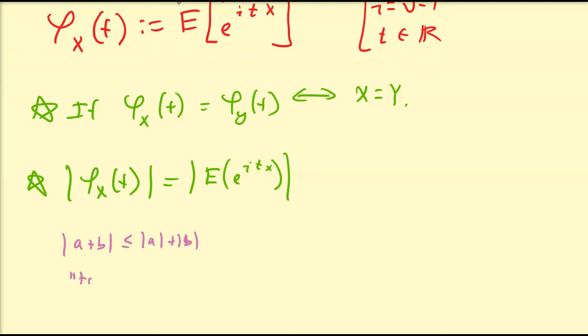This is what we call the triangle inequality, and this is true for all complex numbers a, b. Remember that expectation is actually just a sum. So this is the absolute value of a sum. By the triangle inequality, this must be less than or equal to the sum of the absolute values.